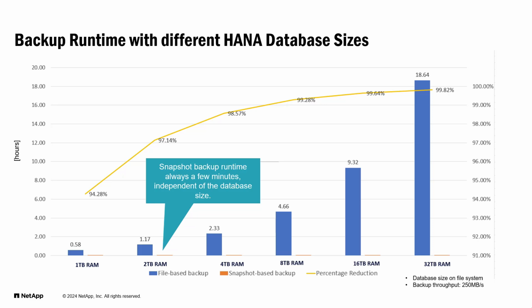While the backup runtime with file-based backups increases with the size of the database, the runtime of snapshot-based backups is always in a range of a few minutes, independent of the size of the database. With file-based backups in larger databases, the backup runtime rises to multiple hours and is not an option anymore for most customer environments. For these large HANA systems, snapshot-based backup operations provide a backup runtime reduction of more than 99%.